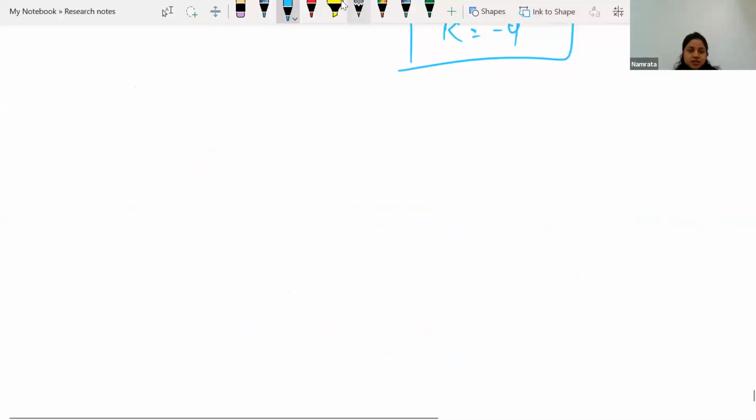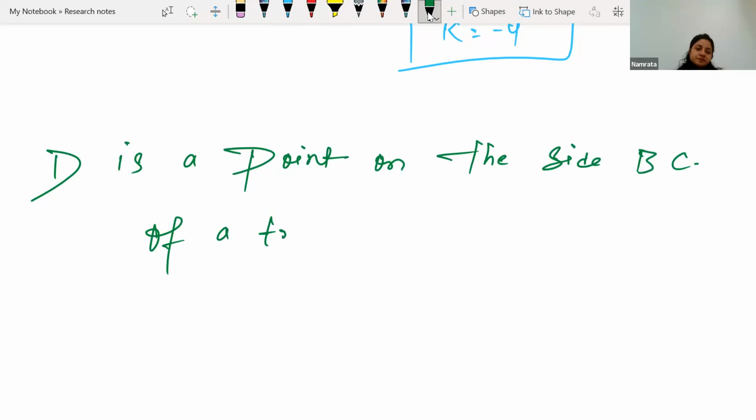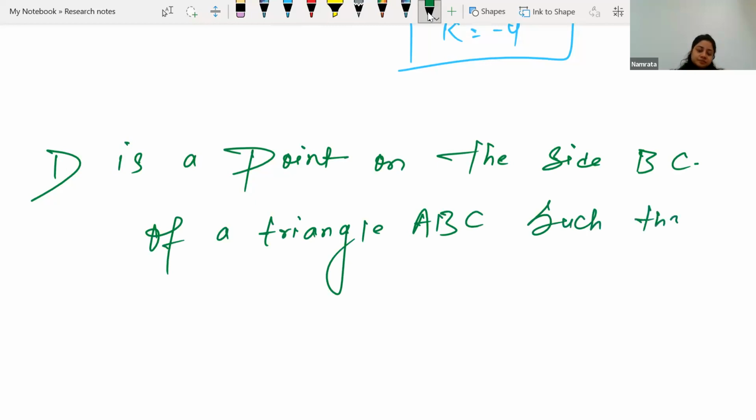So the next question says, D is a point on the side BC of a triangle ABC such that angle ADC is equals to angle BAC.